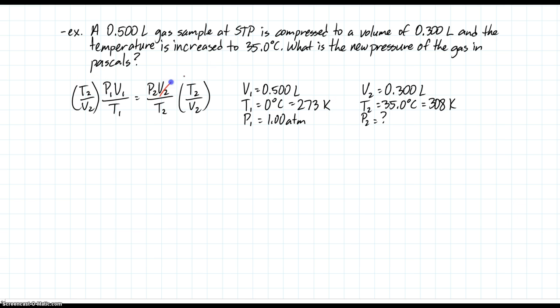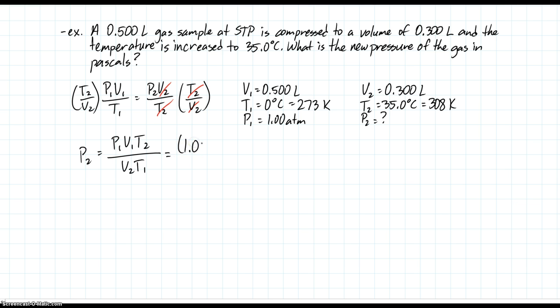On the right, the V2's cancel, the T2's cancel, and so now we have P2 by itself. So P2 equals P1 V1 T2 over V2 T1. We can now plug in all those values that we have.